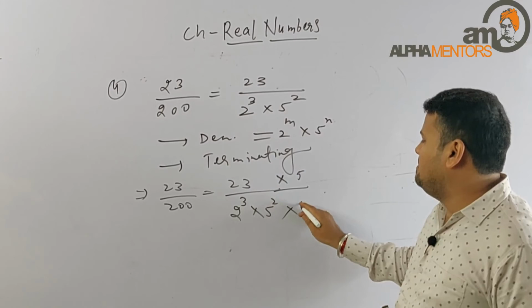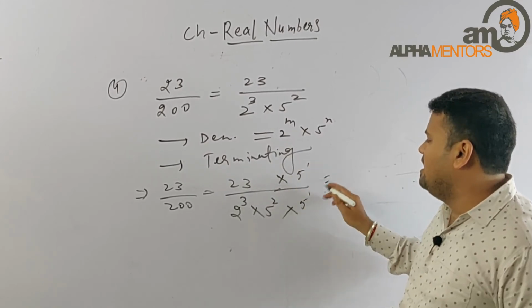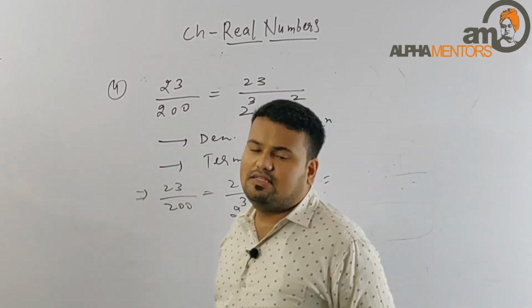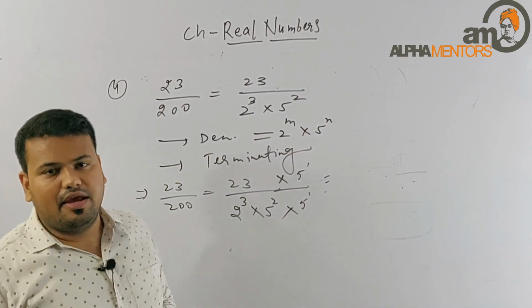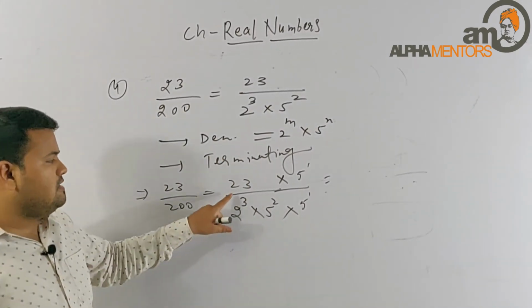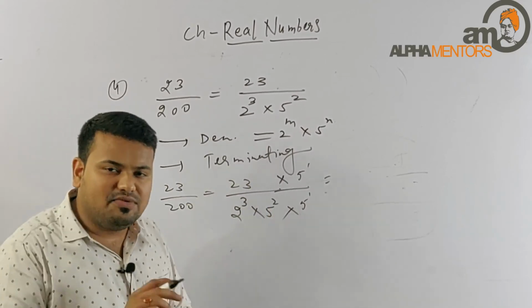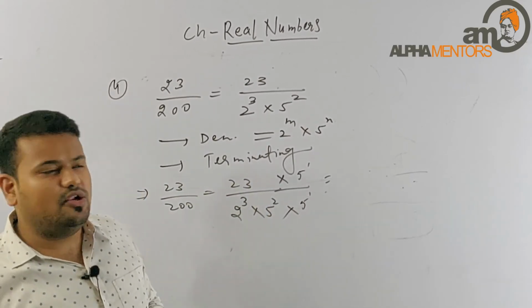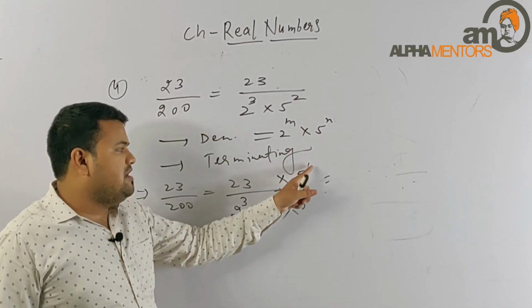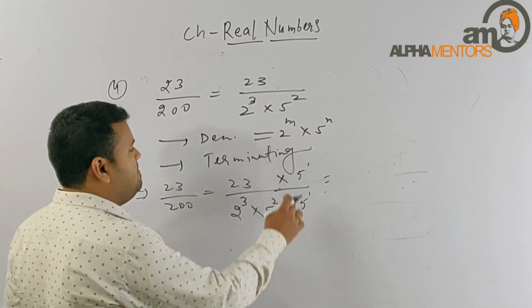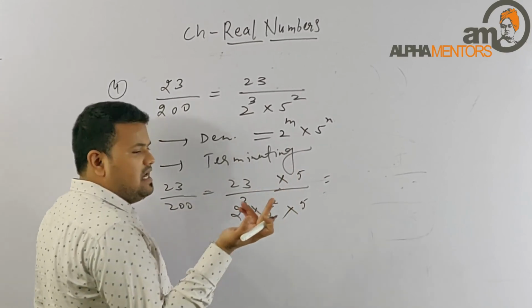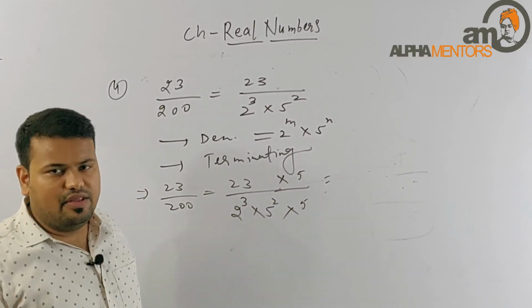So what we will do? We will multiply by 5 exponent 1 in the numerator as well as in the denominator. Getting my point? 2 exponent 3 टाइम, 5 ऑलरेडी 2 टाइम्स है, तो 5 को 3 टाइम्स करने के लिए रिक्वायर्ड वैल्यू क्या है? Multiply by 5 exponent 1, and we know that if we write the exponent 1 there is no meaning.